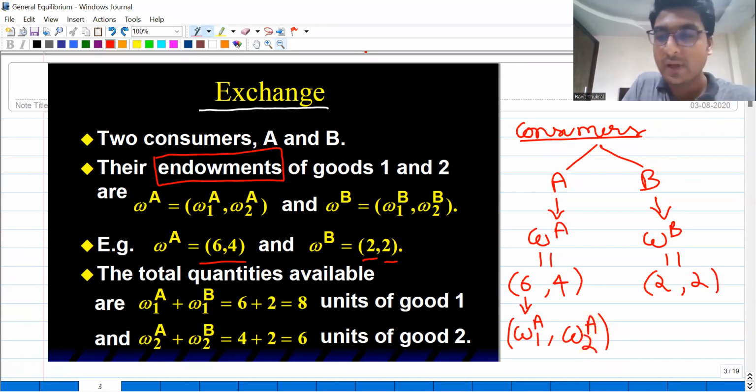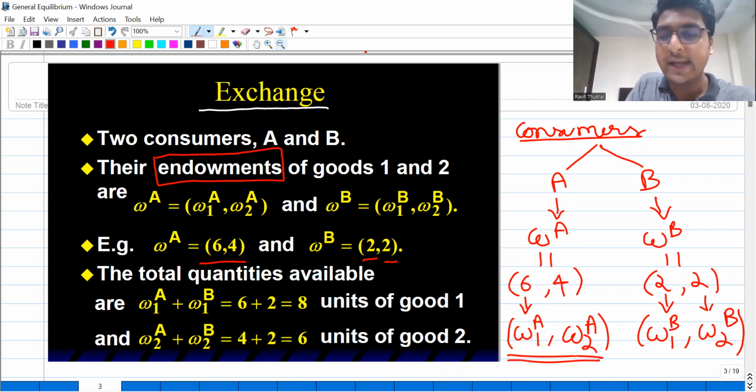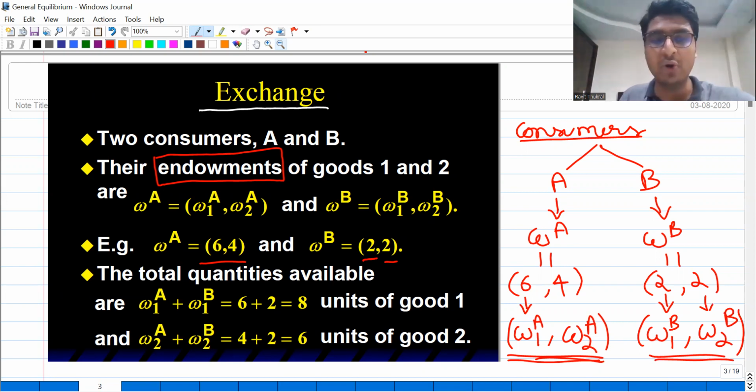Similarly, it is omega 1B, the amount of good 1 that individual B has. And this is omega 2B, the amount of good 2 that individual B has. So this is the endowment bundle of consumer A, and this is the endowment bundle of consumer B. Basically it is the amount of good 1 and good 2 that these individuals already have in the economy.